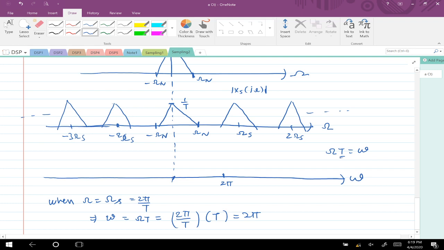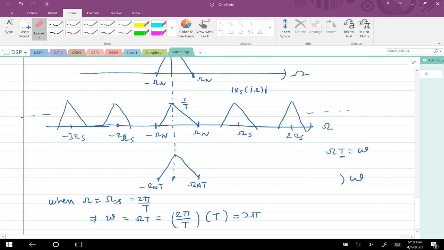Now this, for example, is equivalent to omega n times T, and this is minus omega n times T. This 2 pi will be a bit farther than what is shown here. Let me draw this out again.